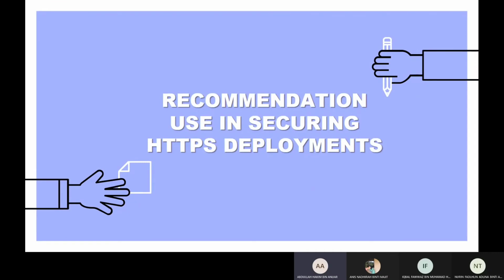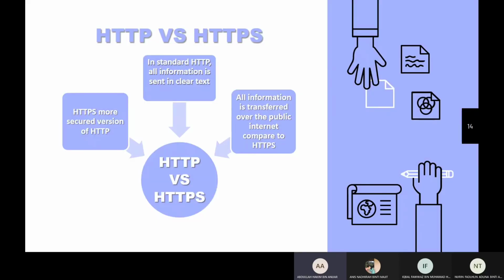Okay, so now the recommendations used in secure HTTPS deployments. As you have known, HTTPS, the more secured version of HTTP, helps encrypt the data, making all the data that is being transferred over the internet between computers and servers secure by making the data impossible to read.